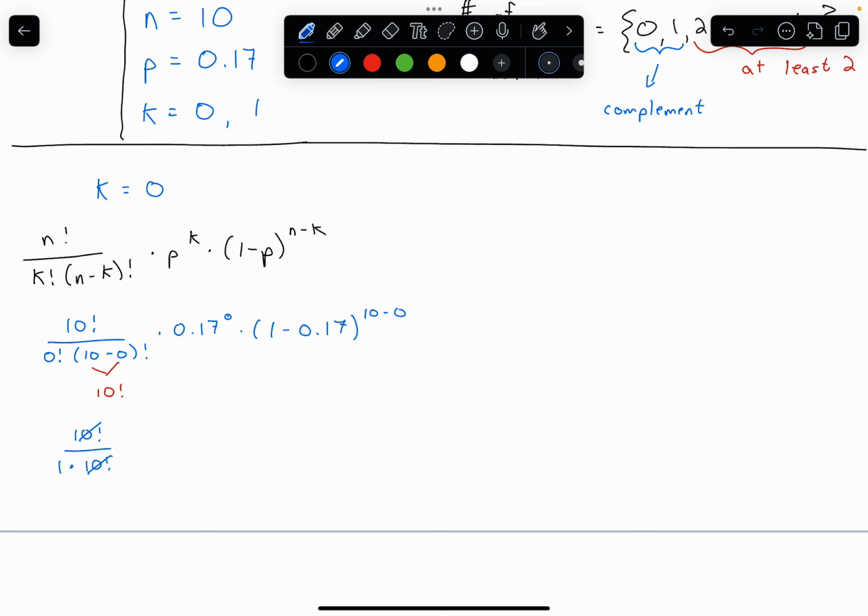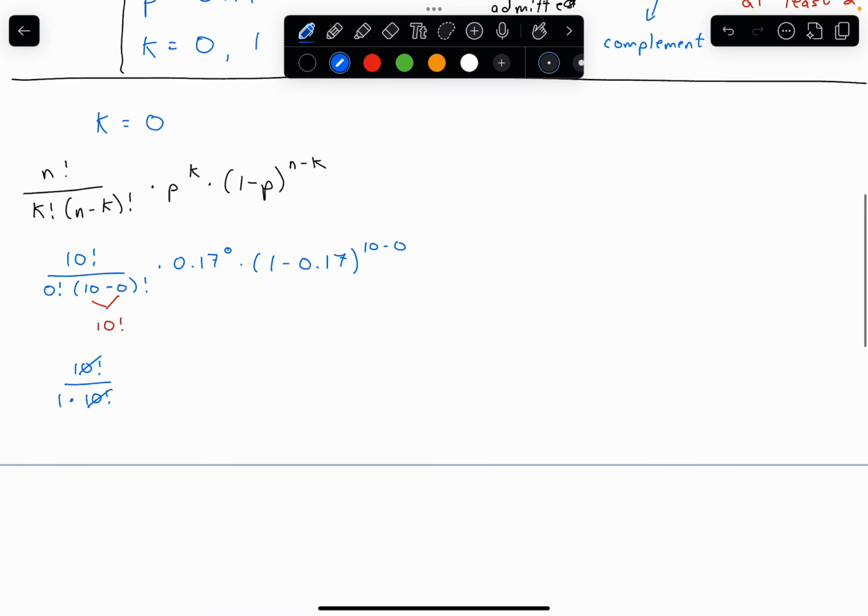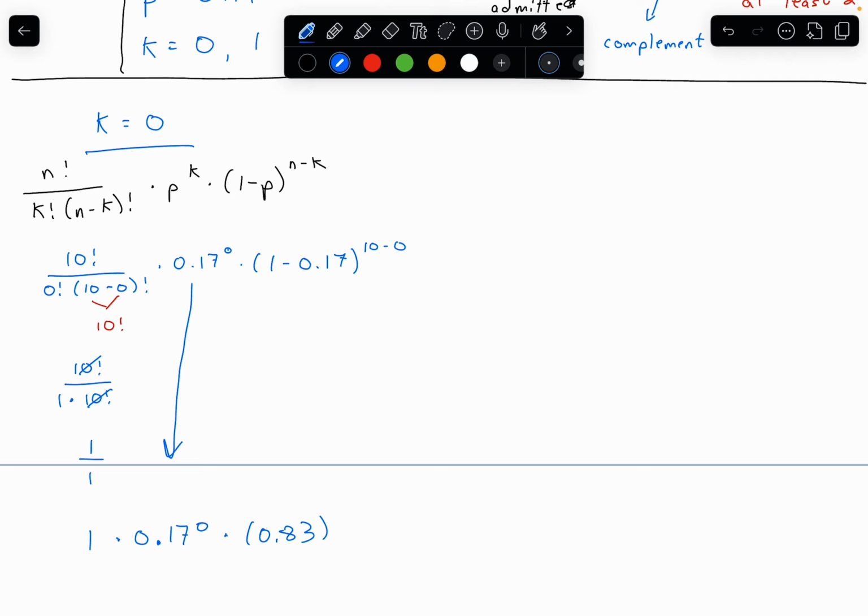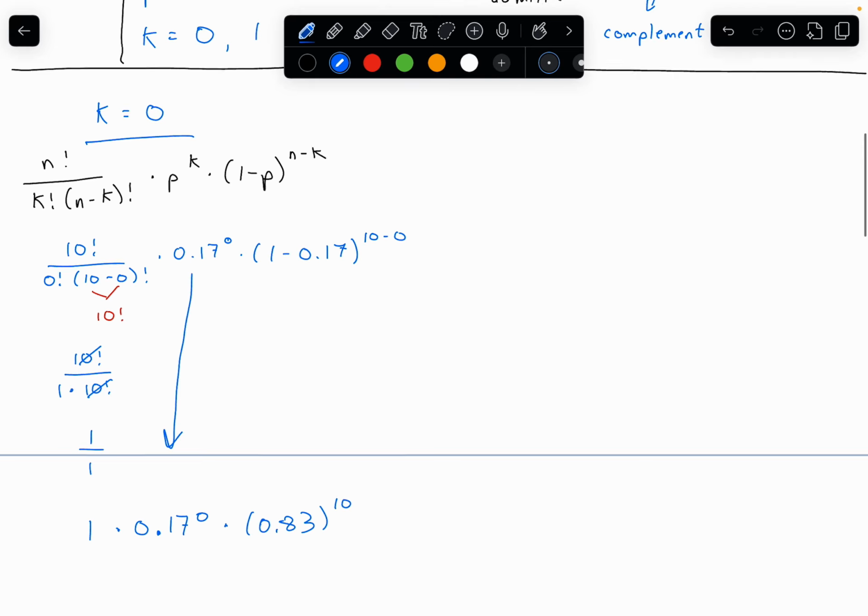Well, these two are going to cancel out, and I'm left with 1 divided by 1, which is just 1. So the number of scenarios that I have in this case, where k equals 0, is 1. Nobody gets into my school. Bringing down the rest of these, times 0.17 to the 0th power, that should be 1 as well, times 1 minus 0.17, that should be 0.83 raised to the 10 minus 0, that's to the 10th power.